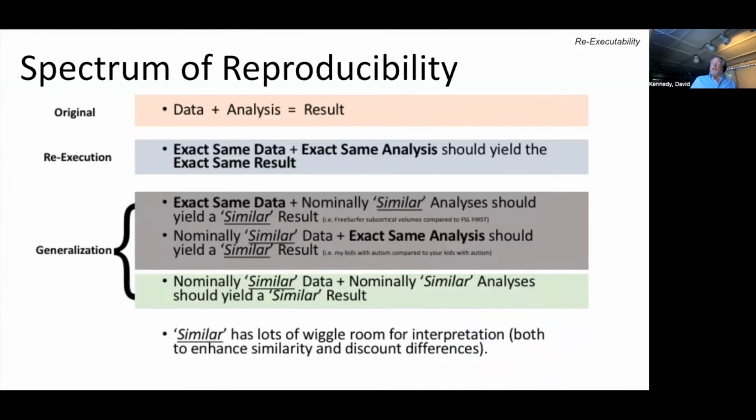My version of one of the things that JB showed you: the spectrum of reproducibility. Again, we want to start from re-execution. If we can re-execute something, we can then have a proper framework upon which to study the generalizability of that finding. So re-execution of a particular publication with that exact same data and that exact same analysis should yield that exact same result.